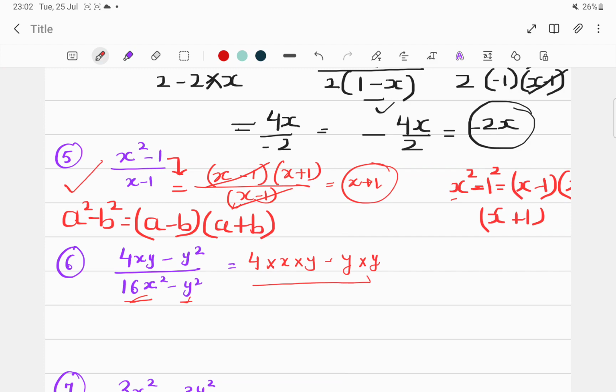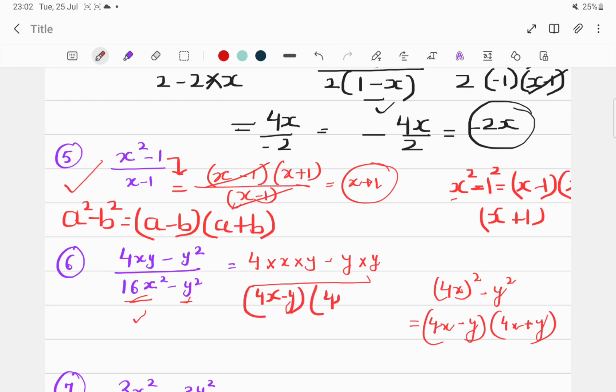There are different forms of this rule, so you can work on that. 16x squared can be written as (4x) whole squared minus y squared, and from here I can write it like 4x minus y multiplied by 4x plus y. So from here I would write it (4x minus y) times (4x plus y).